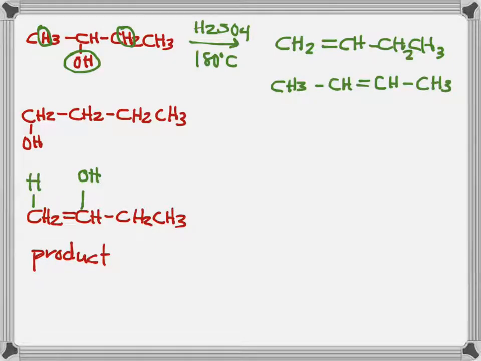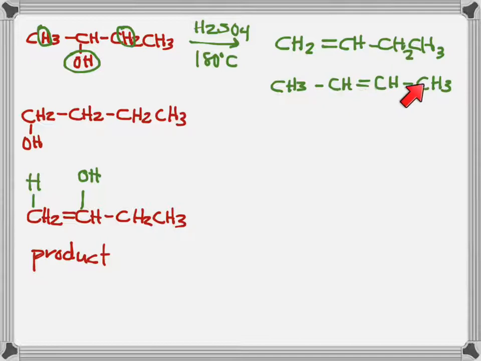That reactant has two possible products. This is the product we're looking for, right? That is the same as this guy down here. But this is also possible. And we have to look at Zaitsev's rule to see which of these is going to be more favored. Zaitsev's rule says, let's look at the double bond, look at the carbons involved, count the number of alkyl groups. Here we just have one.